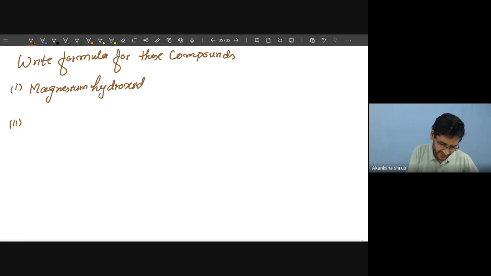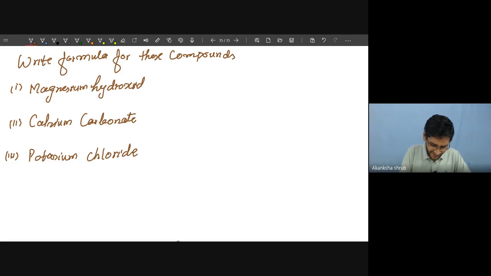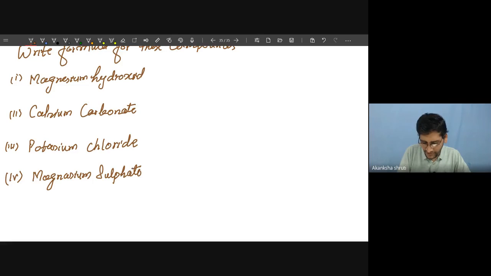The second one is calcium carbonate. The third one is potassium chloride. Fourth one, magnesium sulfate. We will see how we can write the formula for all of this.